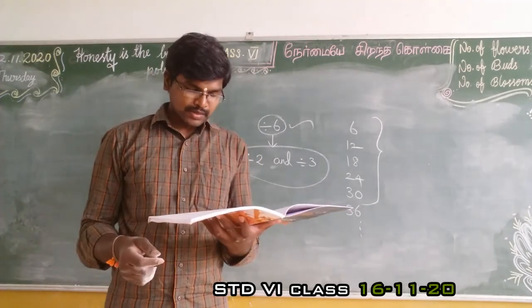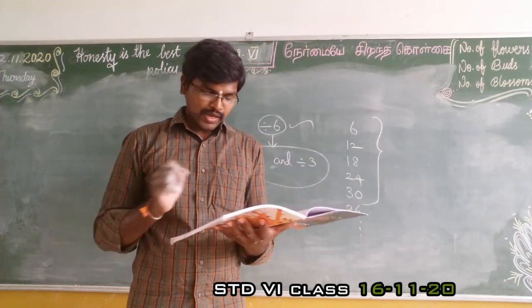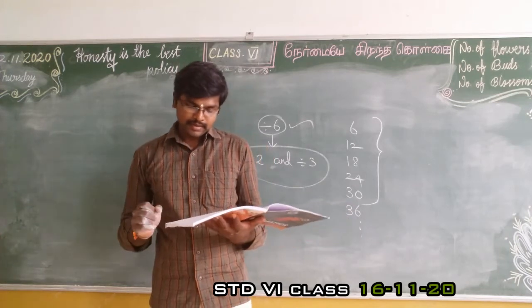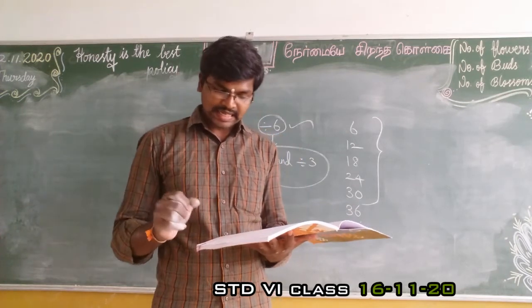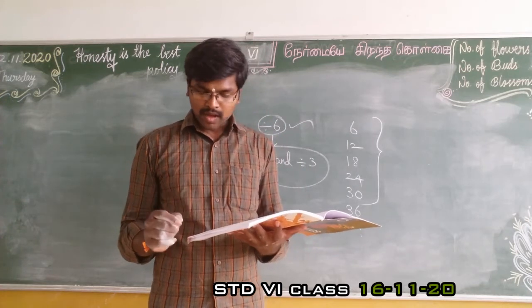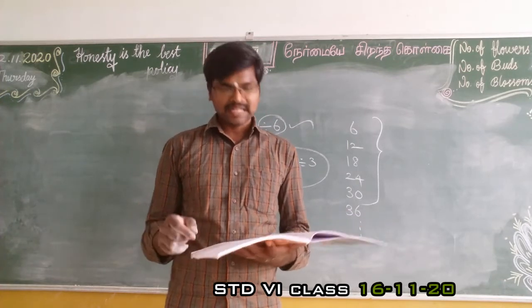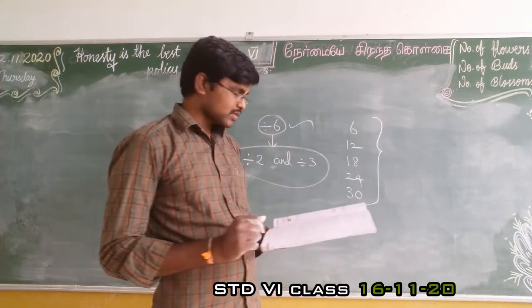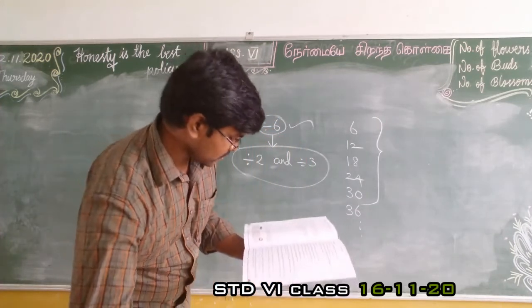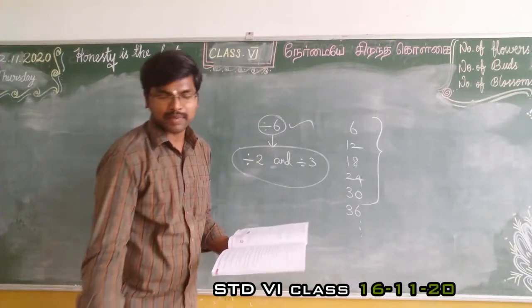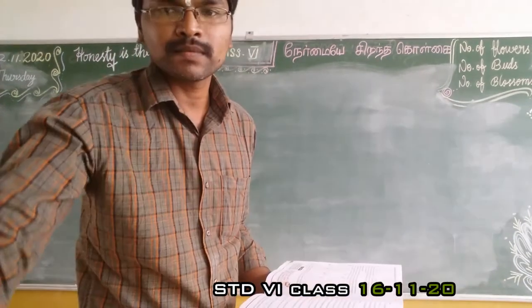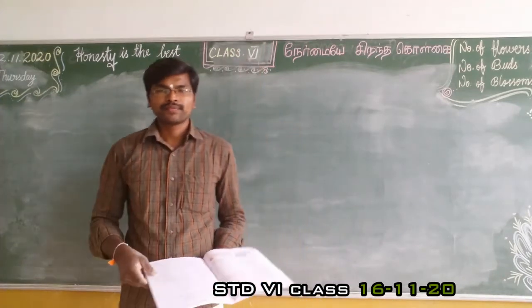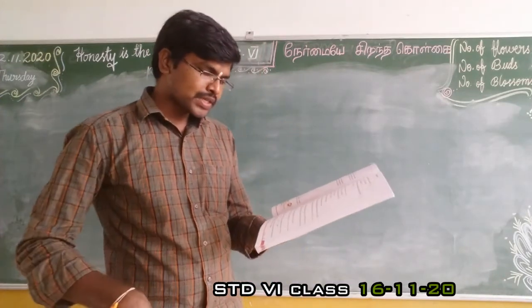Then the next question number 10. I am a 2-digit prime number and the sum of my digits is 10. I am also one of the factors of 57. Who am I? So that is the question.